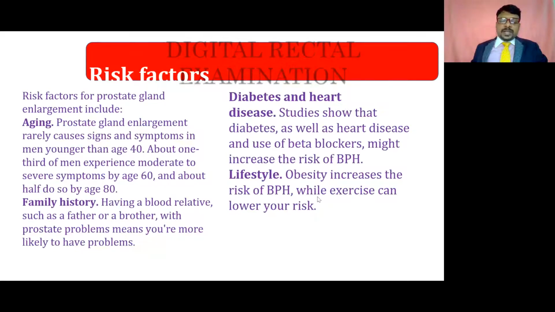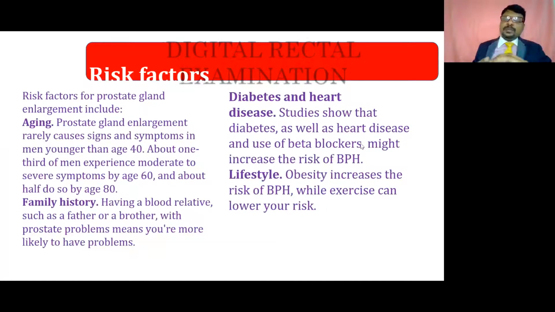While exercise can lower your risk, if you exercise regularly you improve blood circulation and metabolism increases. If we control the weight and fat deposition, we automatically reduce other comorbid risk factors such as heart attack and stroke. This may be helpful in reducing benign prostatic hyperplasia, also called enlargement.